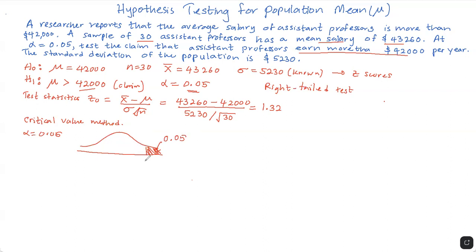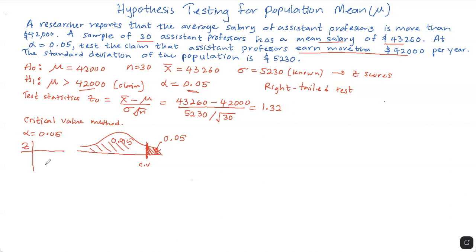Then we need this critical value. So this is your critical value. And this area is 0.95 because the tail is 0.05 and the rest of this graph is 0.95. So to find this critical value, you can look at the Z table.